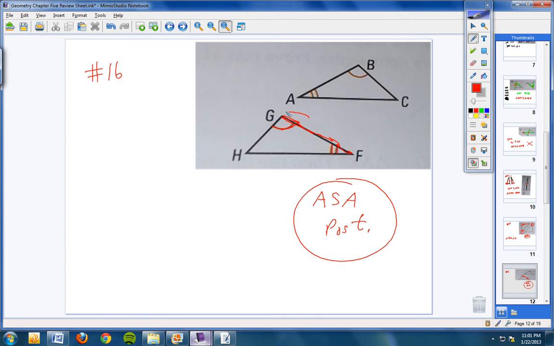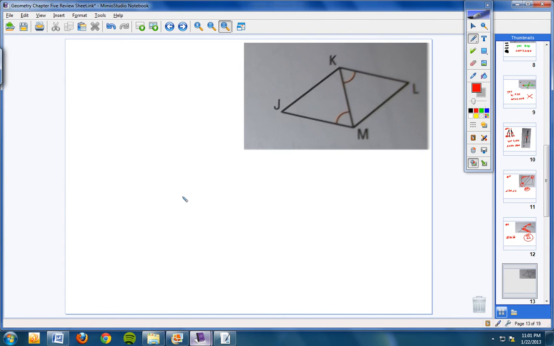So I know for sure I want this side here, GF. Now let's come over here. Well, students, it's got to be this side here because I've got an angle, and then a side, and then an angle. So what I'm missing to be able to use angle, side, angle is GF congruent to AB. You got to have that, okay? If you want to use angle, side, angle.